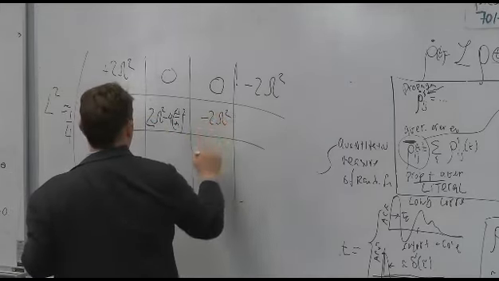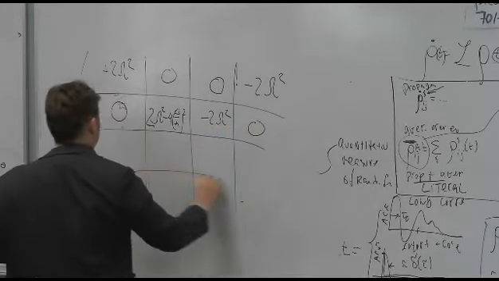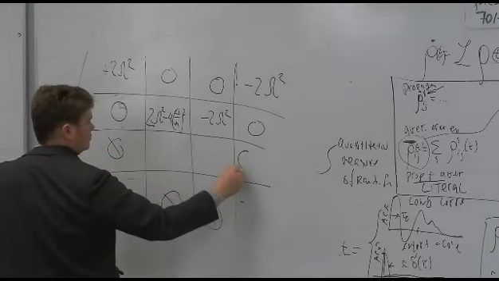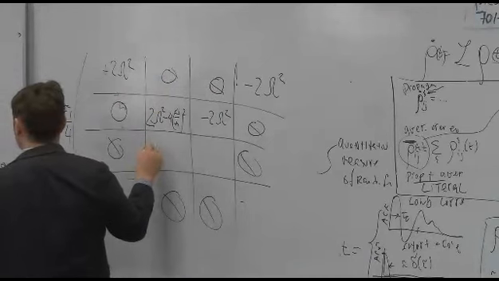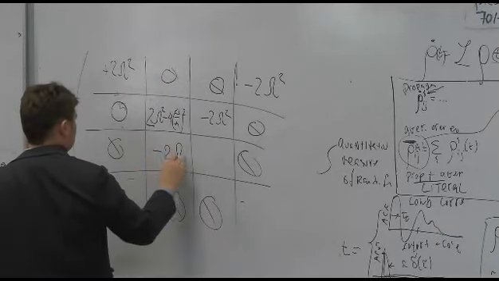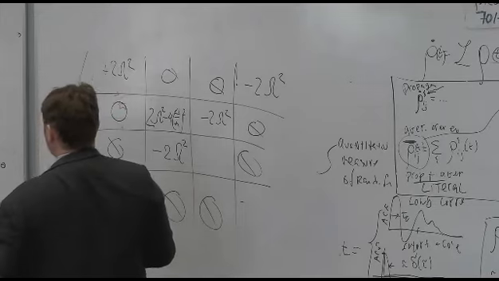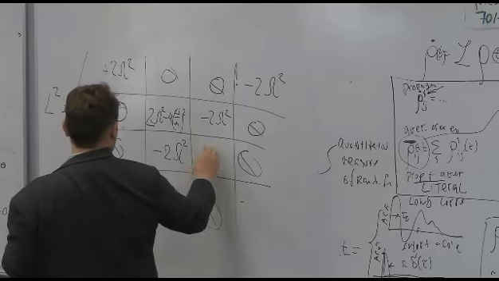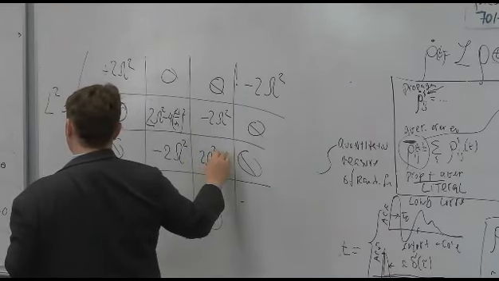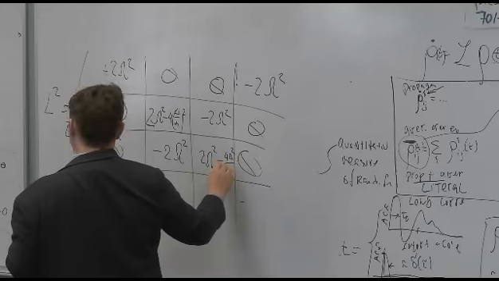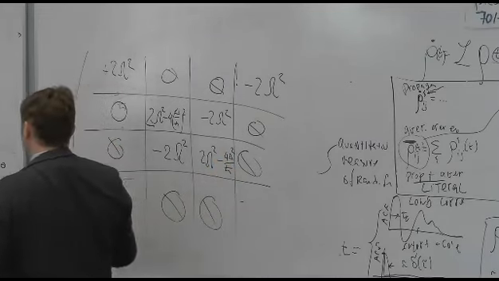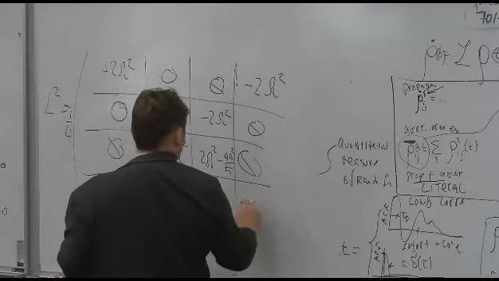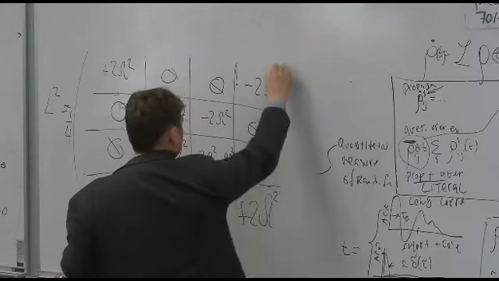Minus 2 omega squared, 0, minus 2 omega squared, 2 omega squared minus 4 omega squared, minus 2 omega squared, minus 2 omega squared.